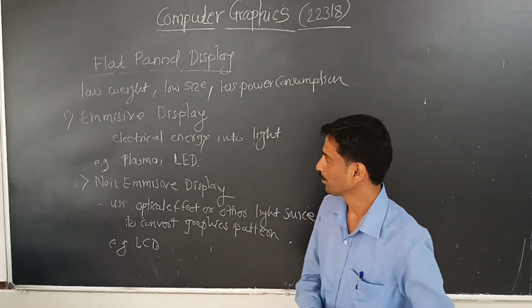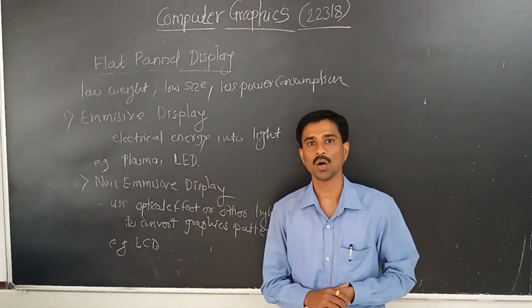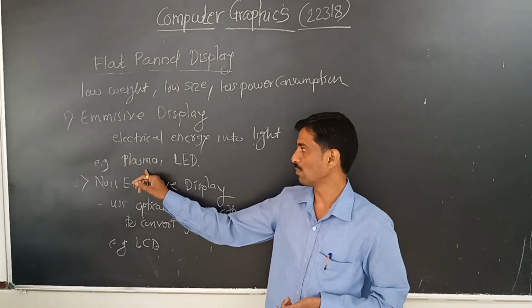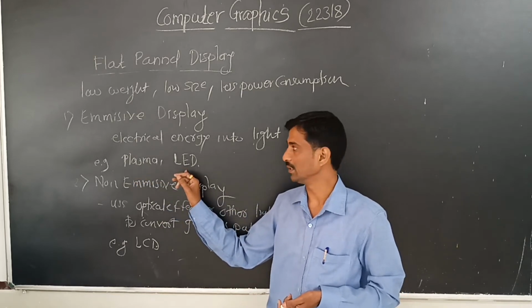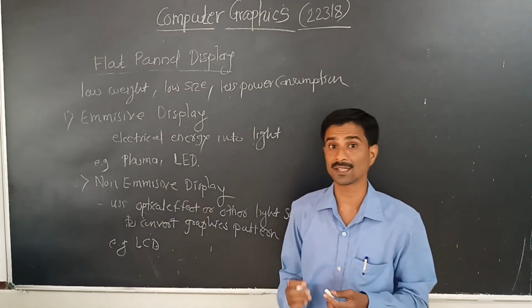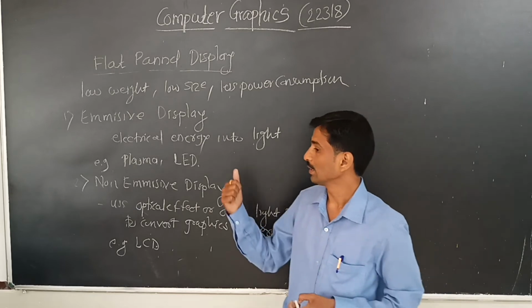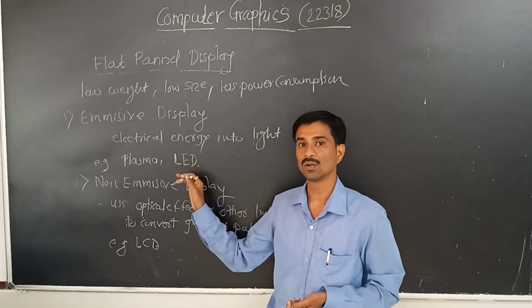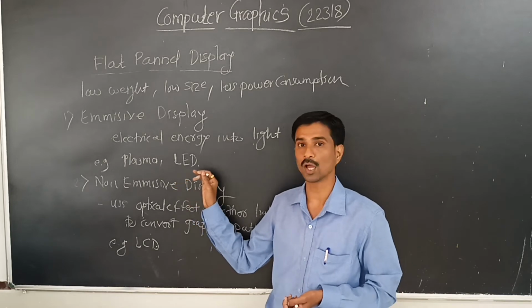The examples of emissive display are plasma and LED. LED means light emitting diodes.